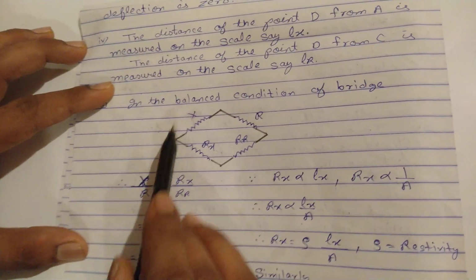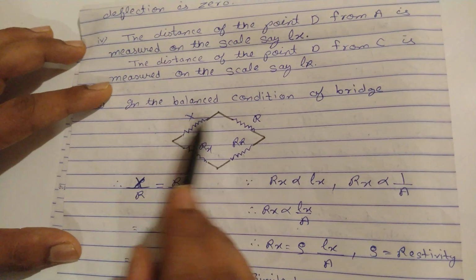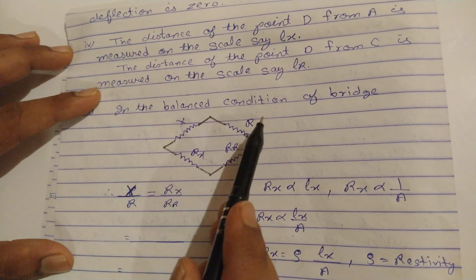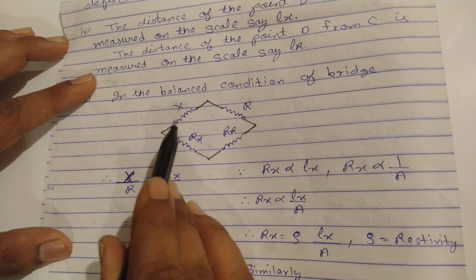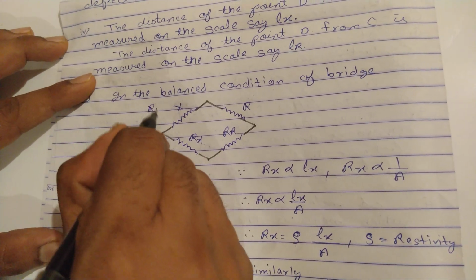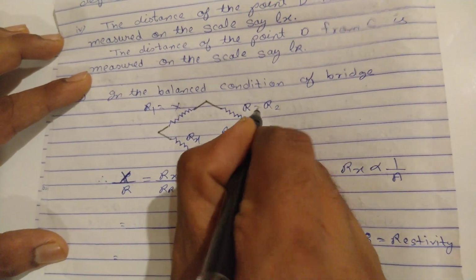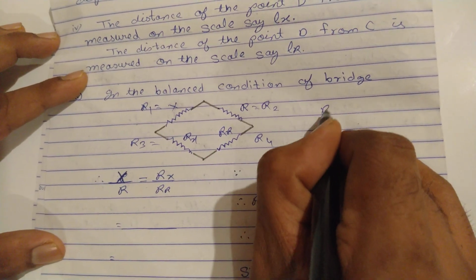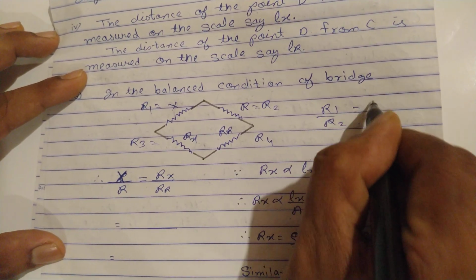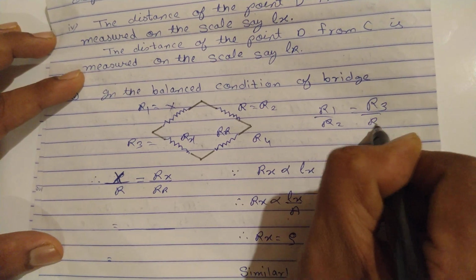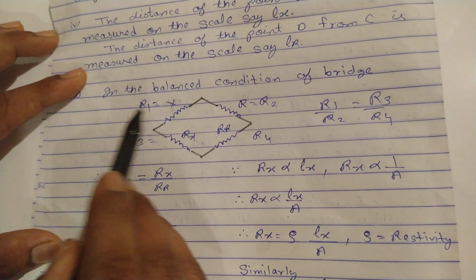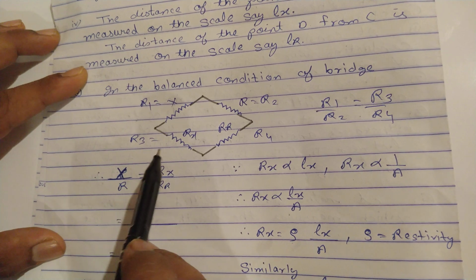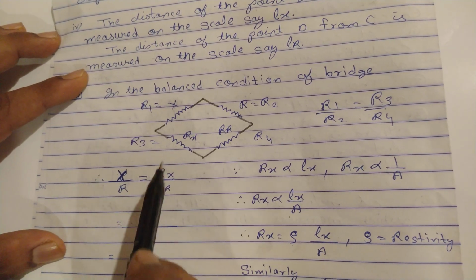So this is a Wheatstone network, and we know the balance condition of the bridge: R1 upon R2 equals R3 upon R4. So X upon R is equal to Rx upon Rr.